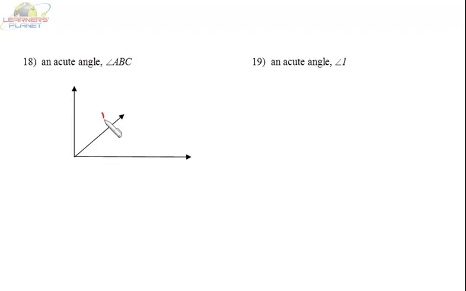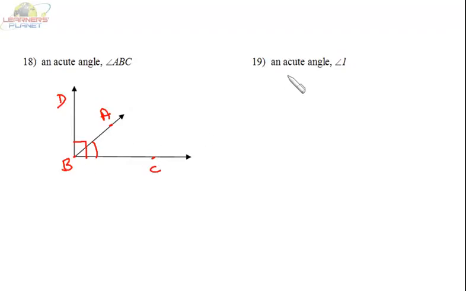It's A, it's B and it is C. Suppose it is D. Now angle DBC is 90 degrees. This complete angle is 90 degrees. But angle ABC is this, which is less than 90. So it will be an acute angle and we can call it acute angle ABC.